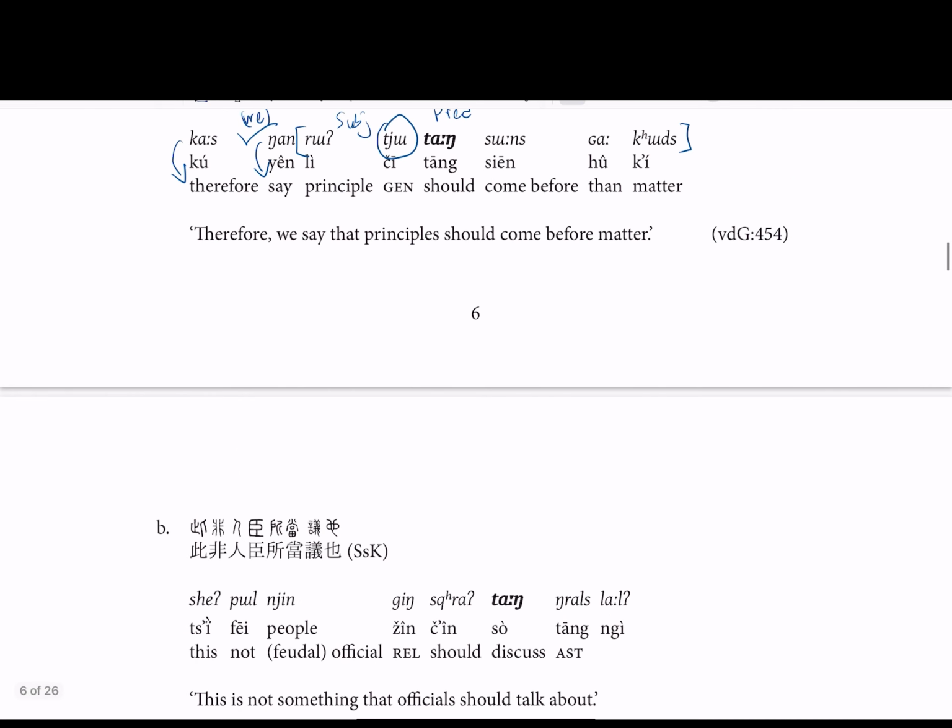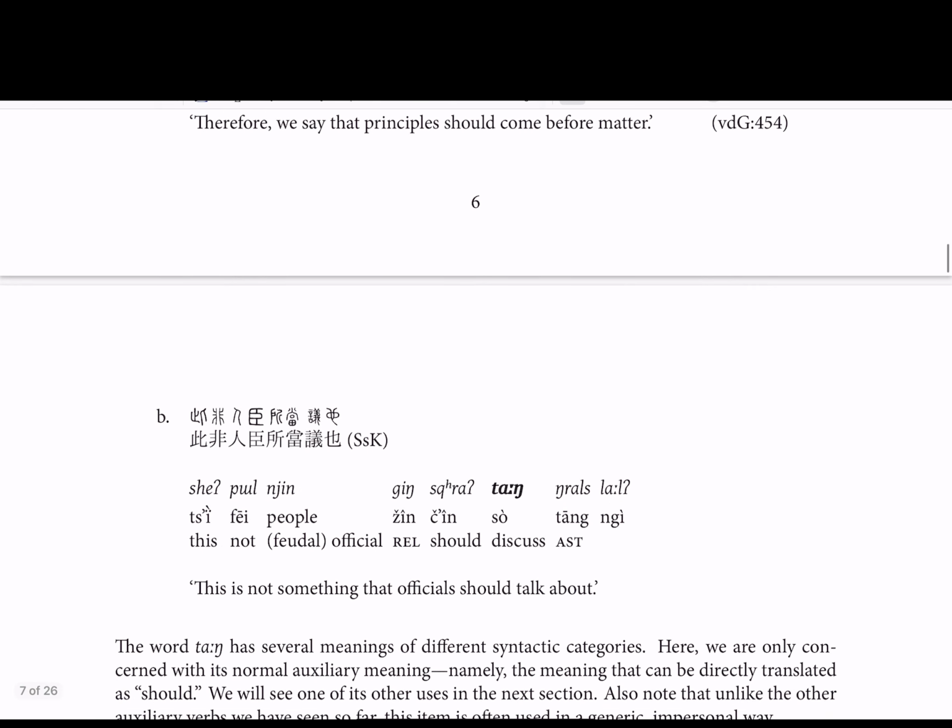Now let's move on to the sentence in 8b. Oops, here's another typo, sorry. So let's just look at the first line. This, not. Ninging is a compound noun that means feudal official. Dang is the auxiliary verb should, and grals is the main verb discuss.